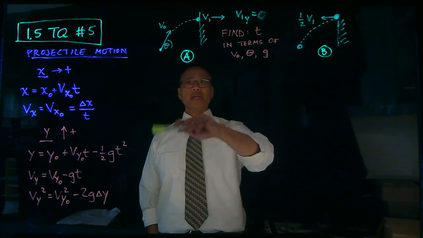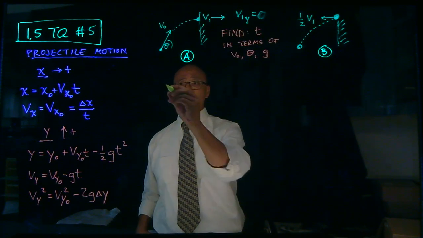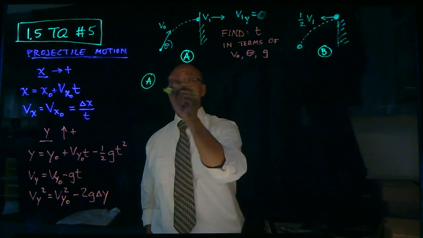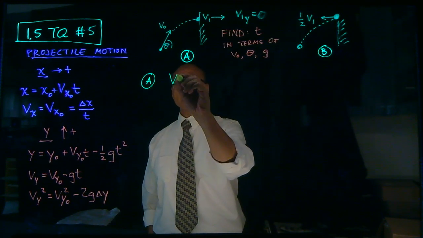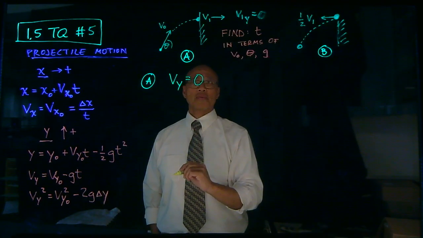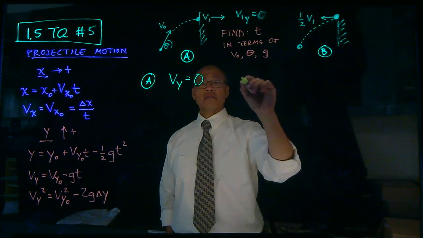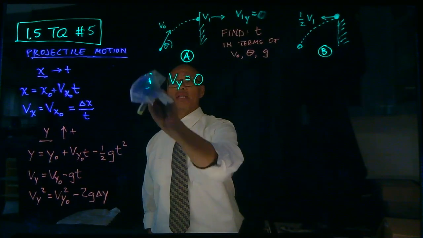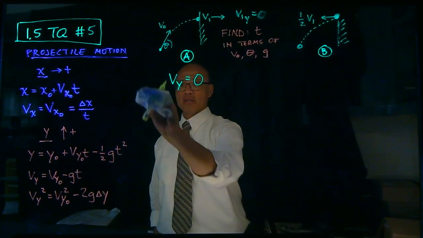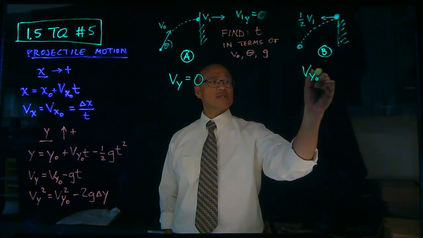If I've got A and B, something's going up and now it's coming back down. In A, my final velocity in the y direction is 0. And over here in B, I have my initial vertical velocity, so Vy0 is 0.